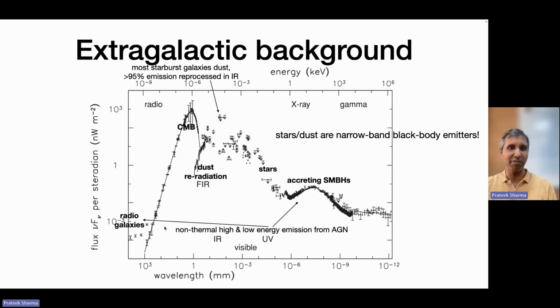The accreting supermassive black holes, or AGN, here and here. At the smallest wavelengths and the highest wavelengths, the accretion dominates. In optical, it's the stars. That's why traditionally galaxies were equated to stars. The optical is where we could see things the best. And the CMB comes from the early universe. Okay.